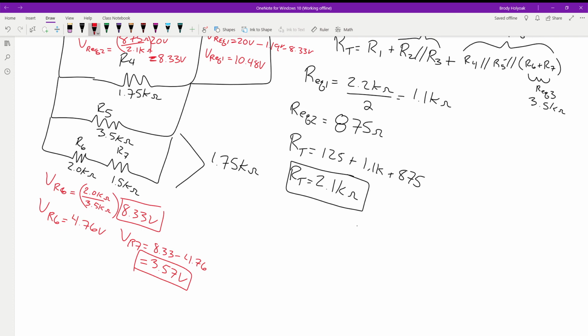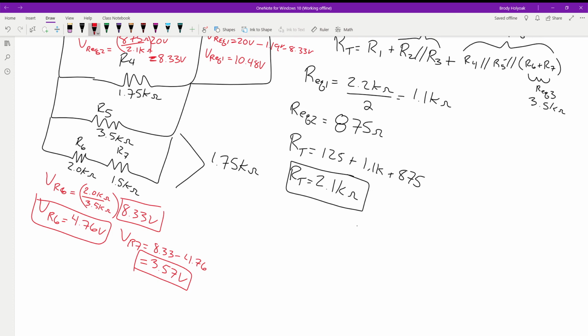So VR4 is 8.33 volts. VR5 is 8.33 volts. VR6 is 4.76 volts. And then VR7 is 3.57 volts. Any questions, comments, concerns about getting the voltages?